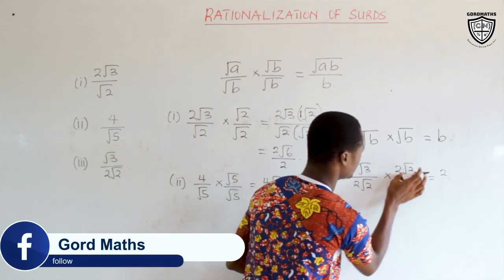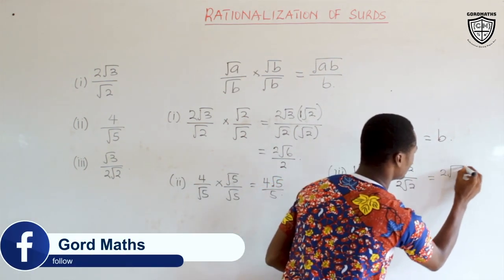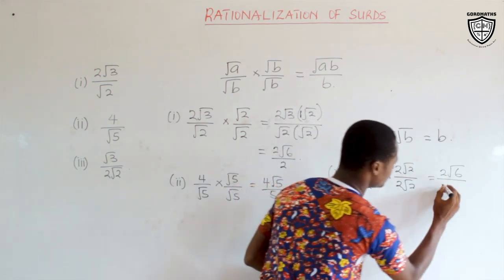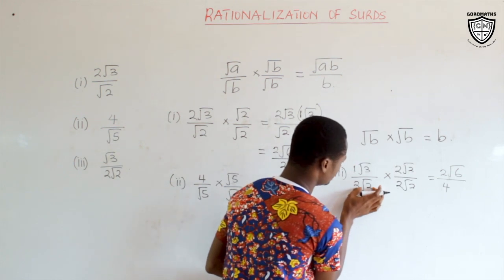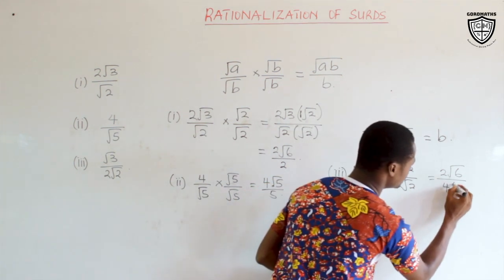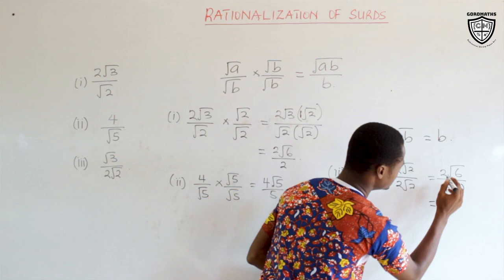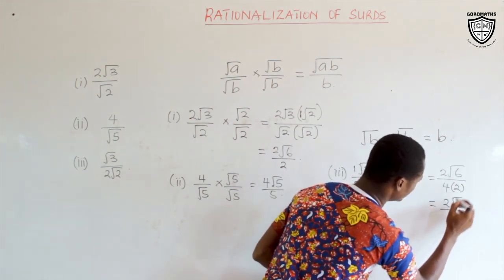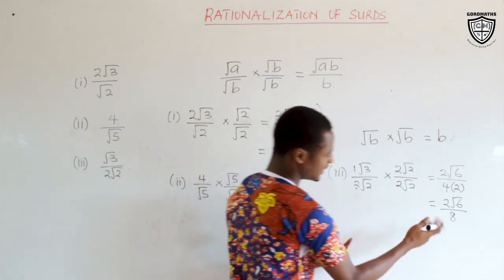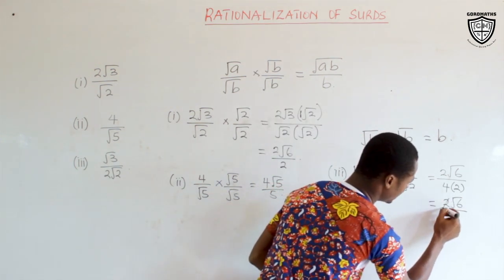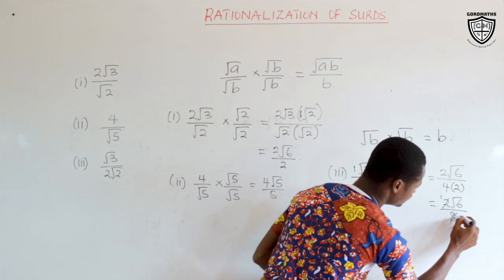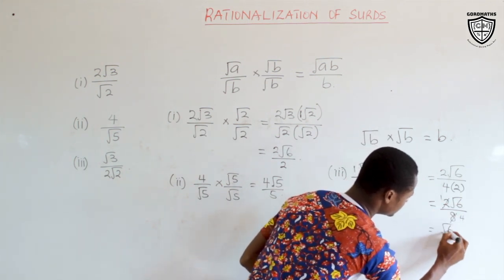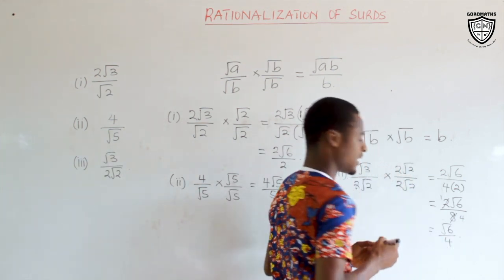And then square root of 3 times square root of 2 will give us square root of 6. Over here, 2 times 2 will give us 4, and then square root of 2 times square root of 2 will give us 2. And this, we will have 2 root 6 over 4 times 2 is 8. This can further be simplified when we divide through by 2. 1 root 6 is the same as root 6 divided by 4.